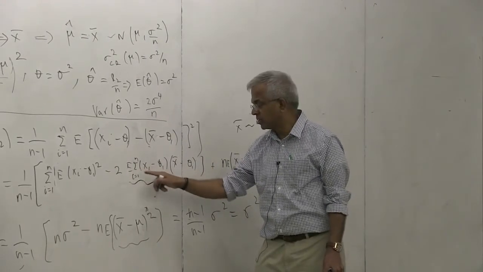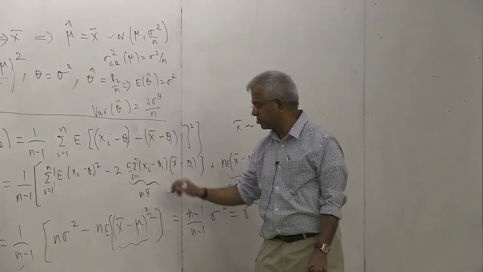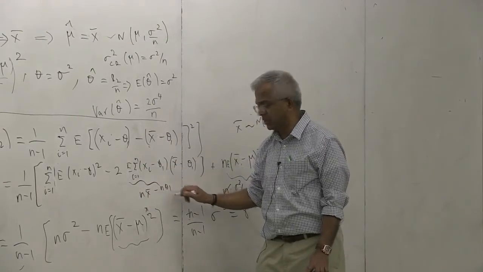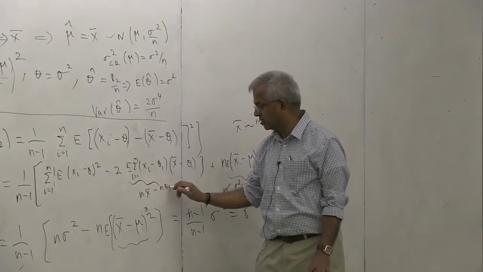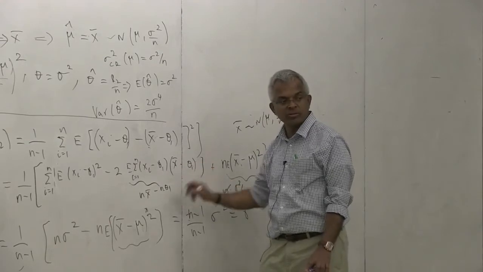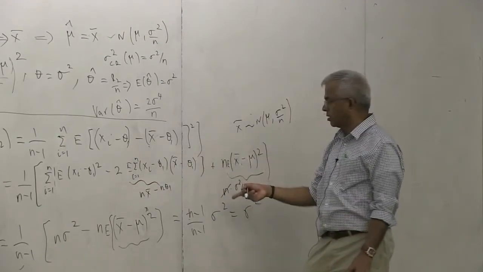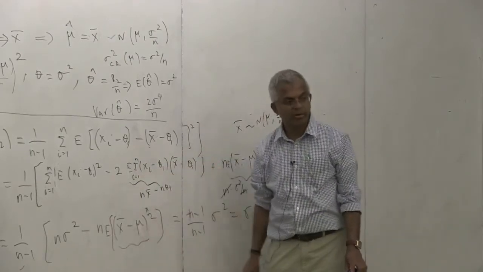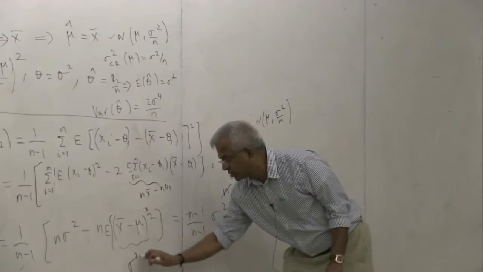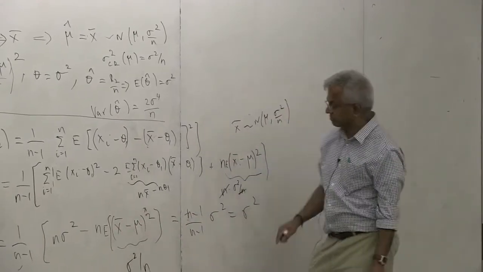Sigma xi is the same as n x bar. This summation comes here, this is minus n theta 1. N you pull out, then you get x bar minus theta 1. That's the same as this. So that gets squared. Then this is the same as this, so one of them will cancel. And this quantity is sigma squared over n. N cancels, you get n minus 1.